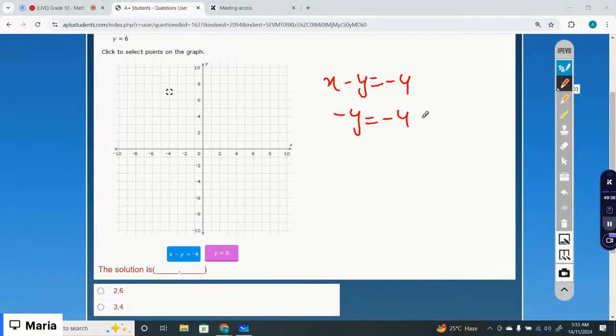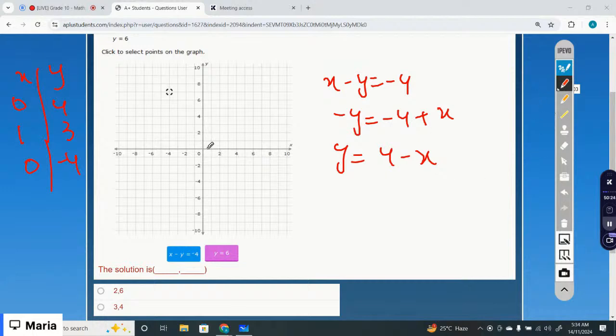Negative y equals -4 plus x, and y equals 4 minus x, right? Okay, let's just plot the graph on these points.